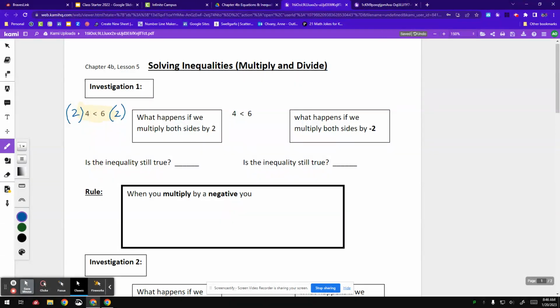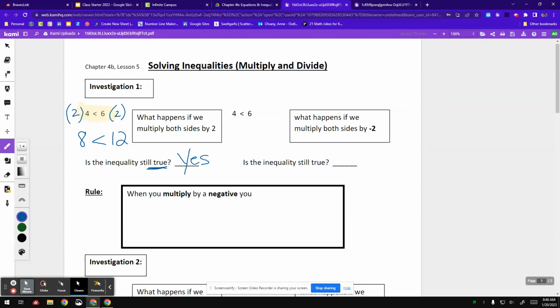That results in 8 is less than 12. Is this still a true statement when I multiply both sides by the same number? Yes, this is still true. So I can continue to use that method of multiplying both sides by a positive number.